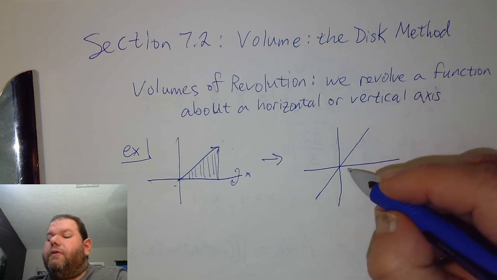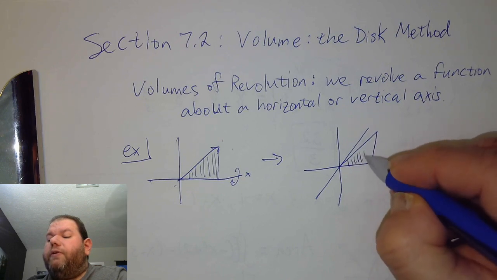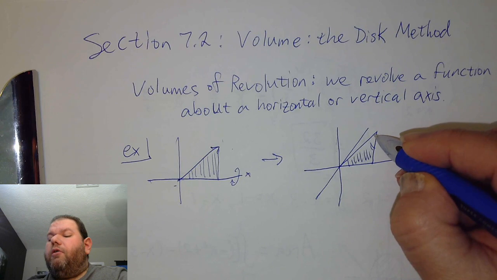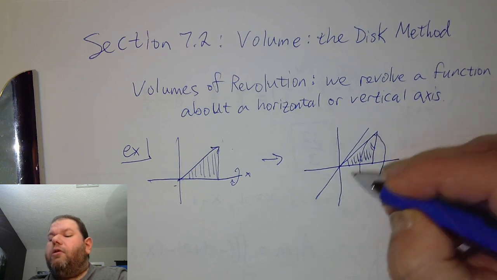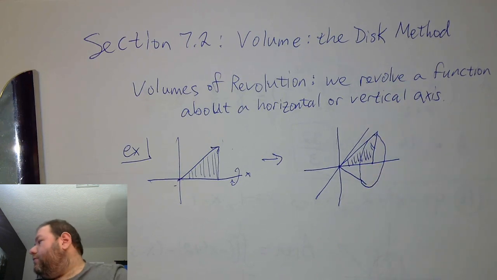Here's our original line, or triangle, once again, but we're going to revolve that and create what is basically a cone.